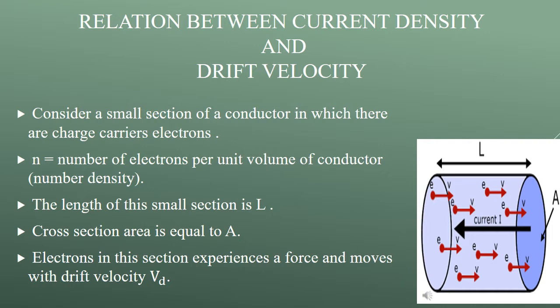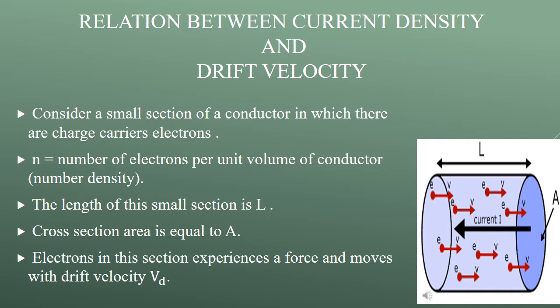Now all these electrons, when we apply an electric field in one direction, experience a force due to this electric field, and start moving in one direction with drift velocity vd.